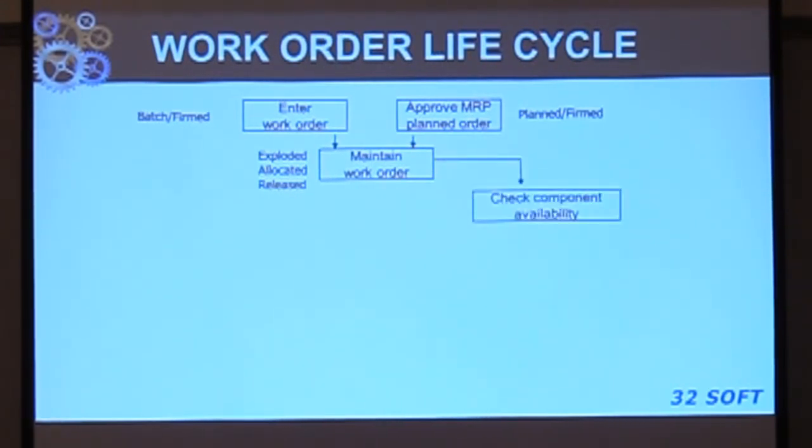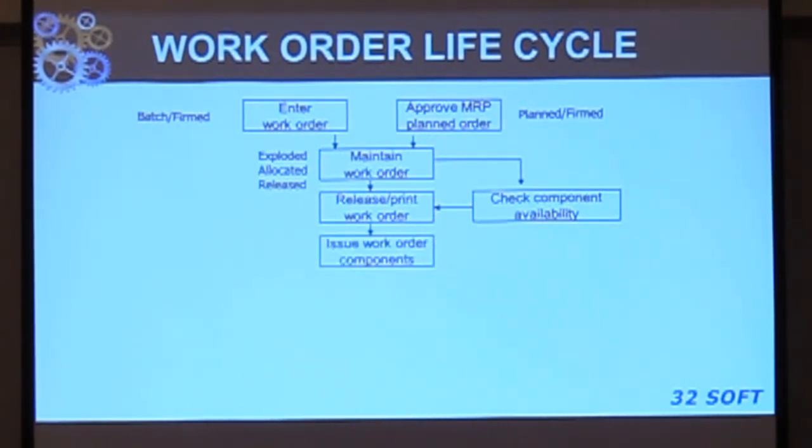That then goes into our availability check. There's a component availability check that's available in QAD that will tell you whether you've got components ready for that. Then that feeds down into the release and print of the work order so that you now actually have a document that you can match up with your prints or your documents or your specifications or whatever to get it out to the shop floor.